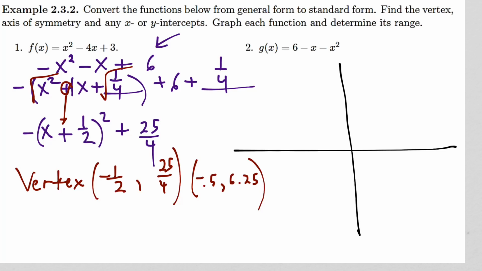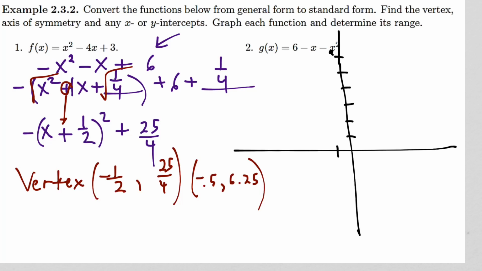So negative 0.5, 6.25, and then it's a downward facing parabola.